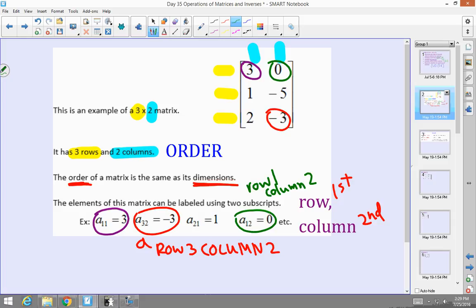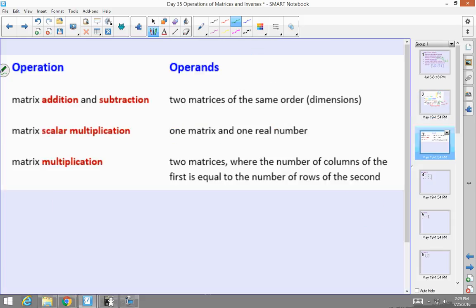When I say a 3 by 2, that means there are 6 numbers in it, because 3 times 2 is 6, and it's organized in 3 rows and 2 columns. So, operations that I want to teach you today: how to add and subtract, how to do matrix scalar multiplication, and matrix multiplication.